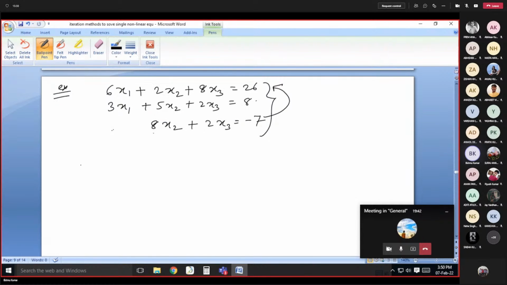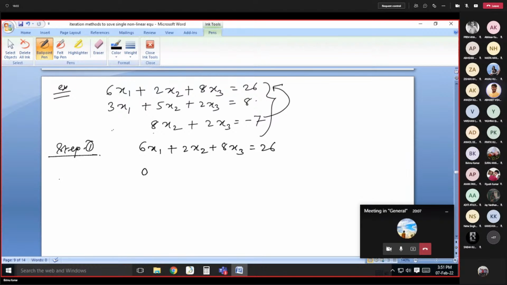Okay, what I told you in the algorithm: in the first step, the first equation is unchanged, 6x1 + 2x2 + 8x3 = 26. With the help of the first equation, what will I do in R2, the second equation, such that this position will become 0? Tell me.